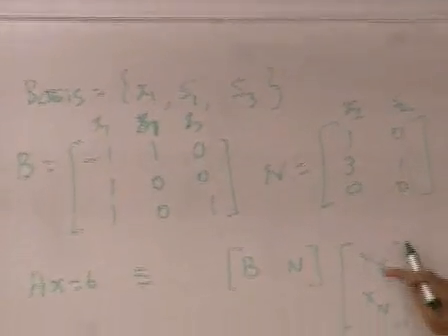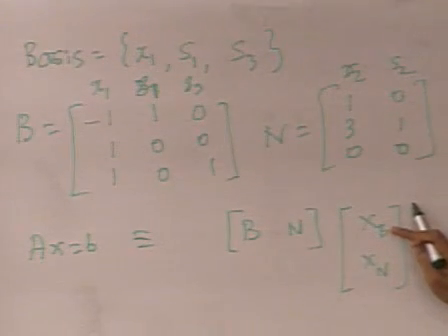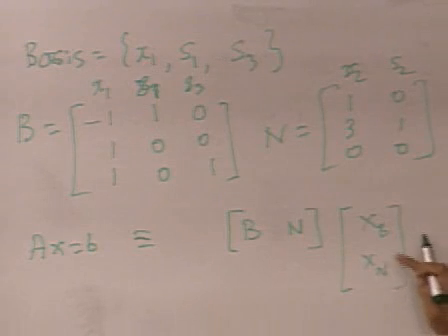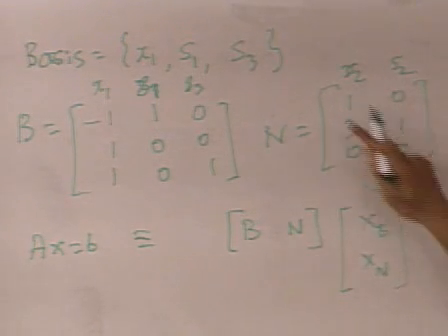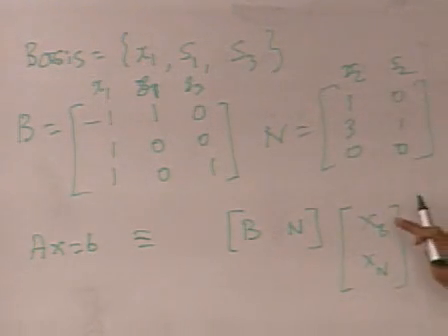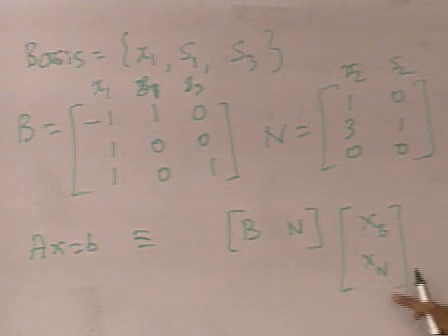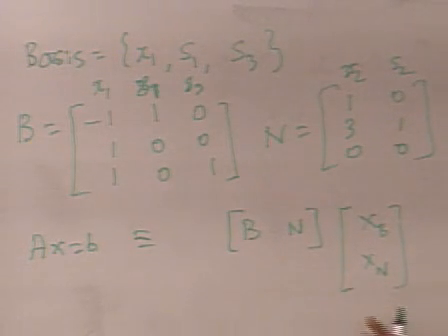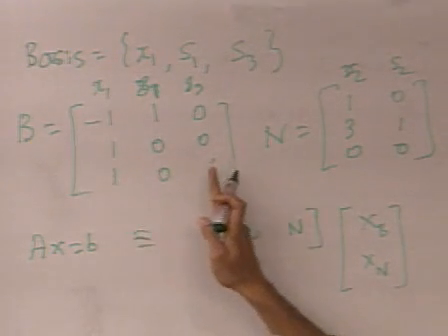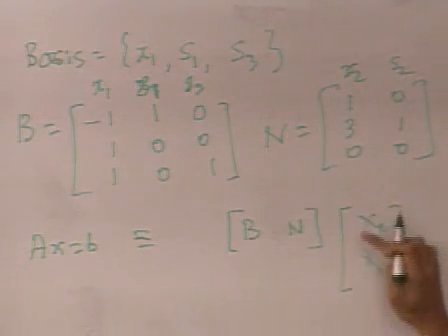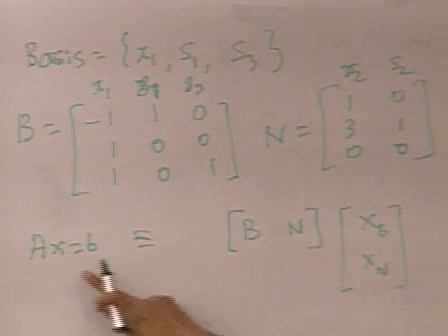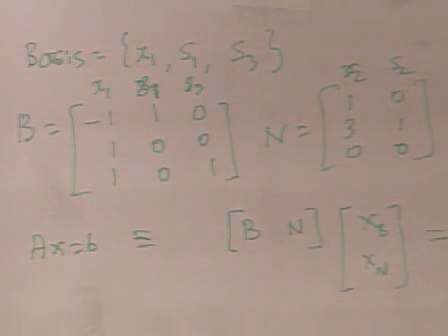This is the column vector of all the basic variables, and this is the column vector of the non-basic variables. In this particular case, xB is going to be x1, s1, s3, and xN is going to be x2 and s2. The same way you arrange the columns, you have to arrange the variable names.